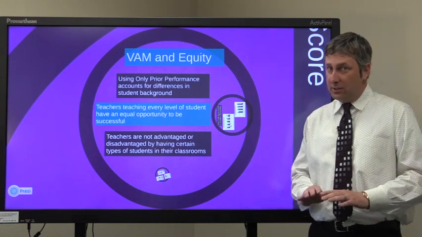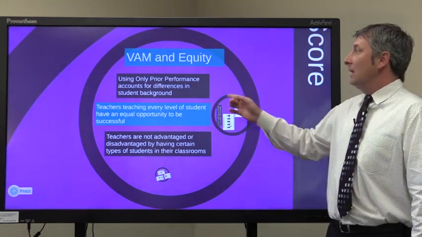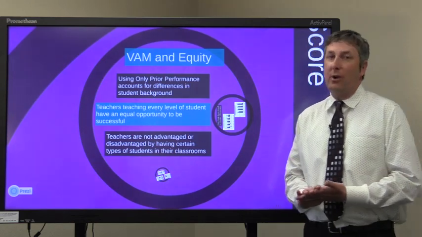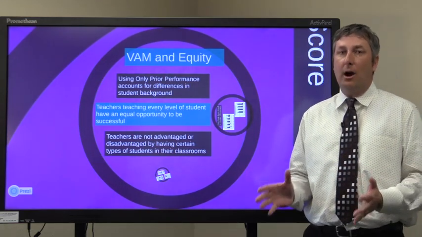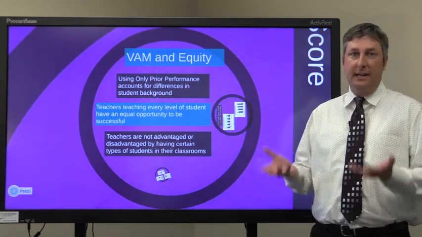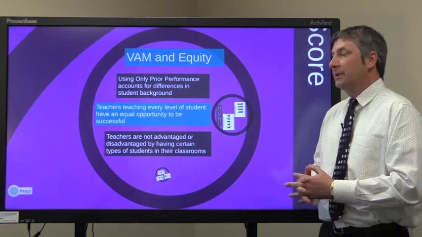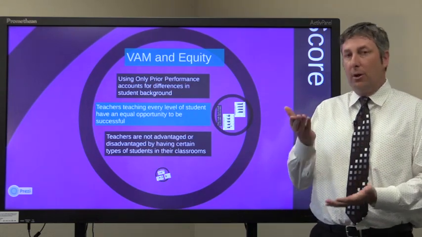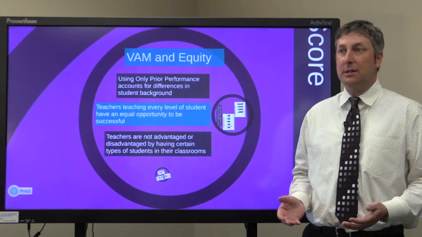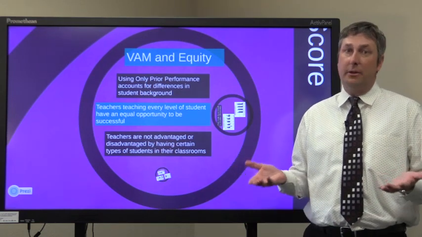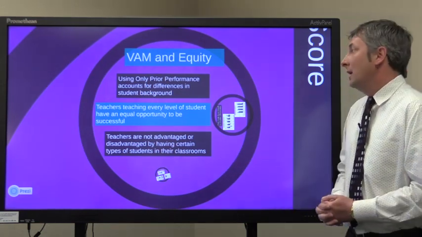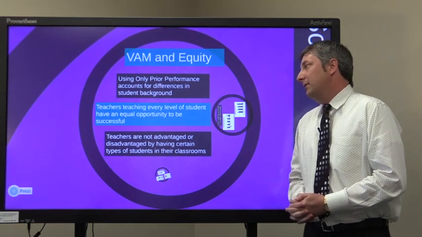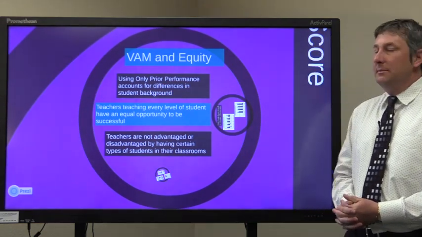For this presentation, where we're just looking at the philosophy, it's important to know that using this prior performance, looking at a student where they are, as opposed to just projecting that they need to be proficient, accounts for differences in student background. If we have a student coming with an 18, they can grow just as likely as a student who comes to us with a 20 or a 27 or a 30. There's room for growth. Teachers teaching every level of student have an equal opportunity to be successful.